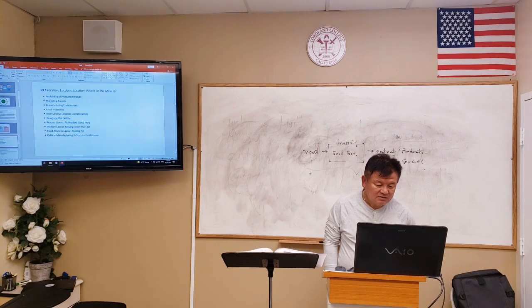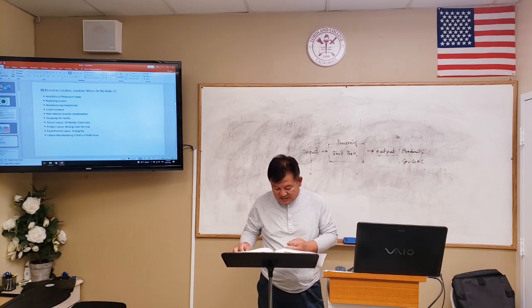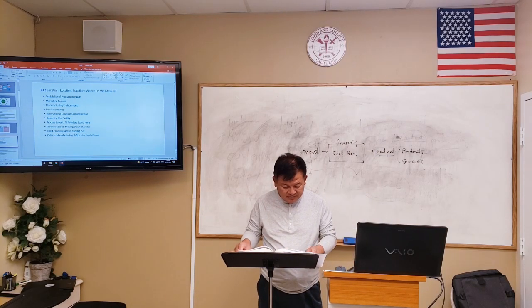Process layout means all welders stand here. Product layout means moving down the line. Fixed position layout means staying put. And cellular manufacturing means a start to finish focus. These kinds of factors are related to location.